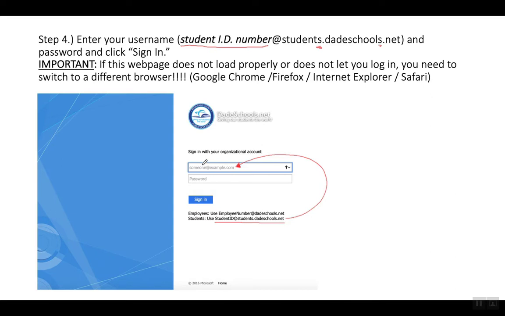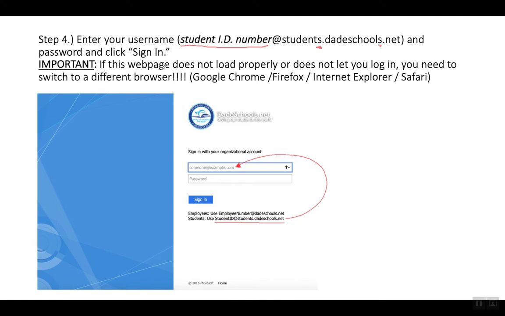So you would write your student ID number at students.dadeschools.net in that box, and underneath it you write the password that you use to access your student portal, the same password. If by any chance you get to this page and these boxes don't properly load, then that takes me to what I wrote here. Important.